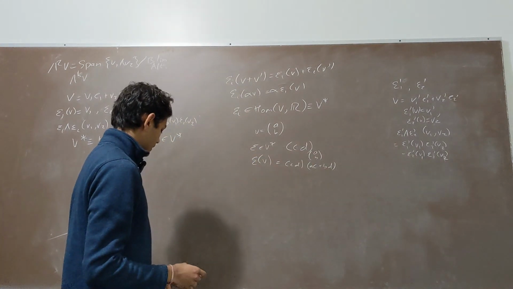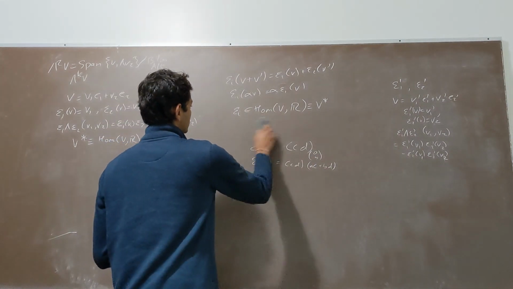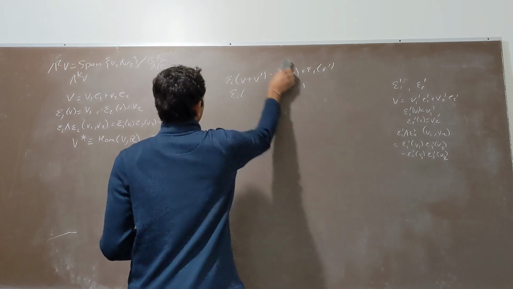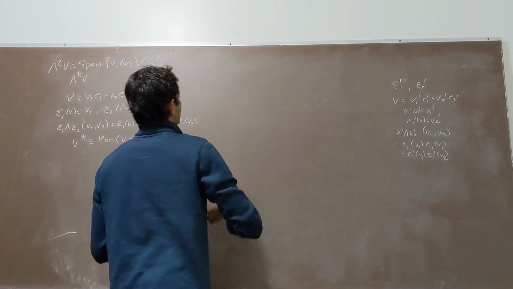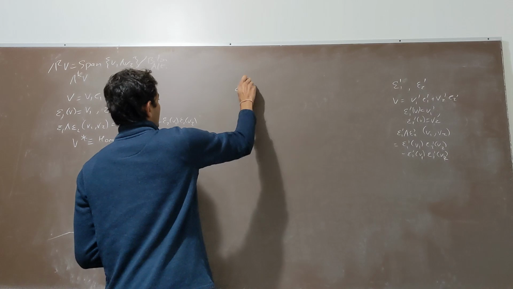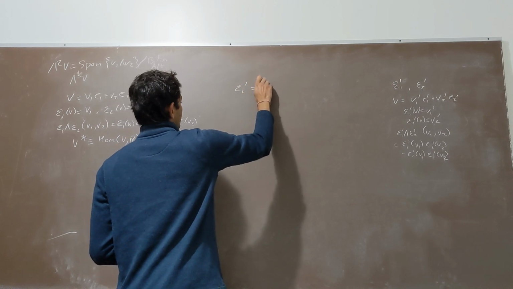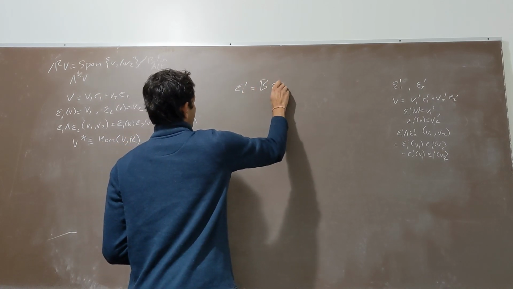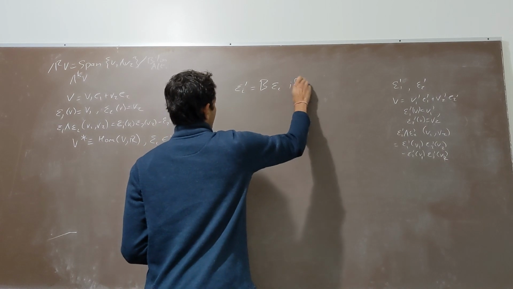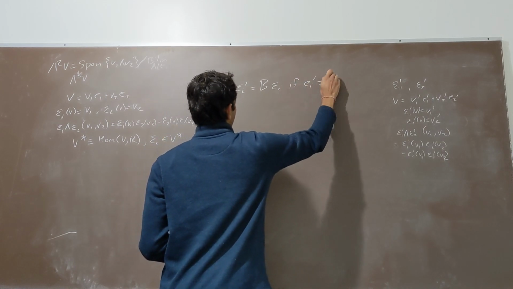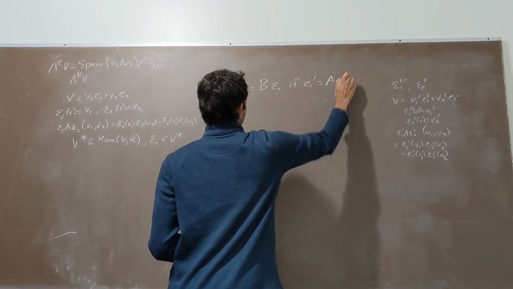And so we want to basically say that epsilon i prime is equal to some matrix B times epsilon i if the e i prime is equal to some matrix A times the e i.